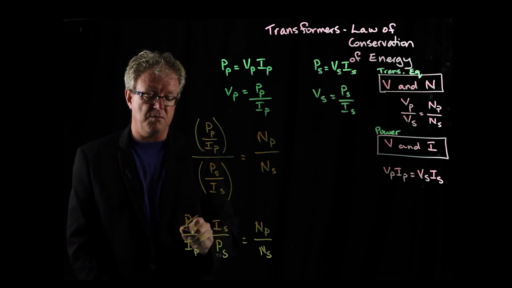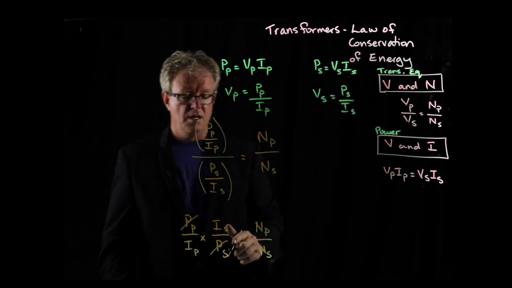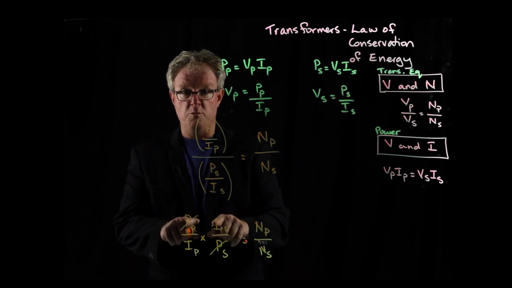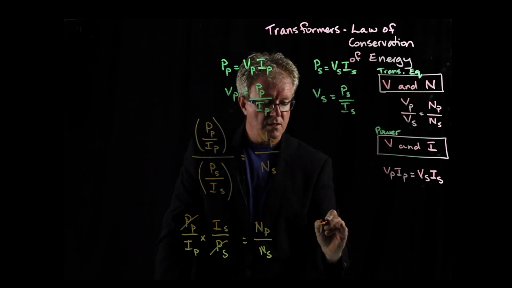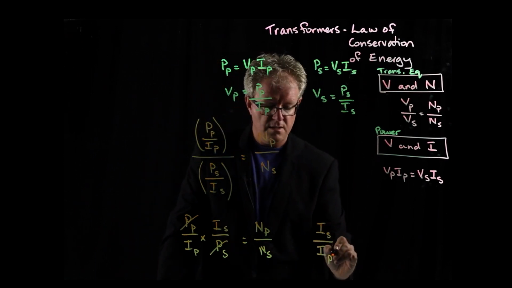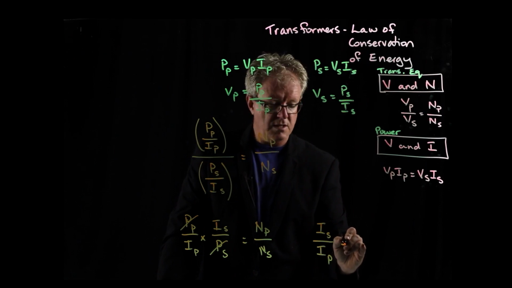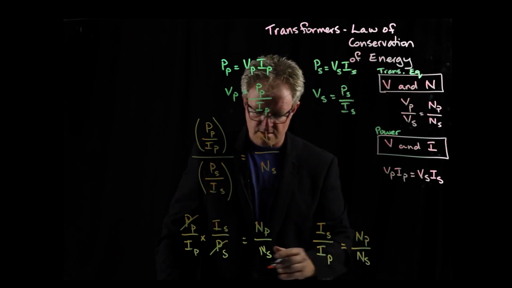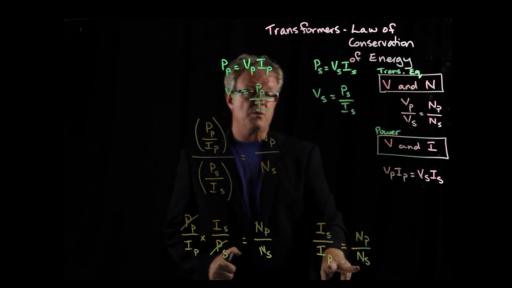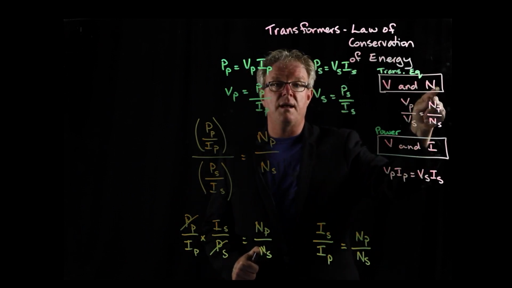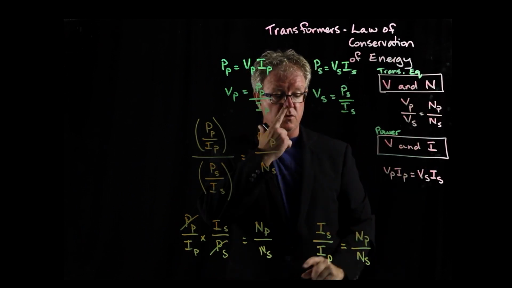So pretty much that's the same thing, so the power cancels out. What that means now, if we rewrite this, the numerators times together, so we get just Is divided by Ip equals Np over Ns. And so here now we have a relationship between our current and our number of coils. Current and number of coils.